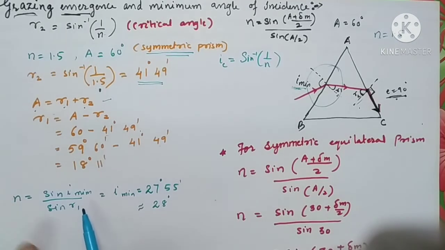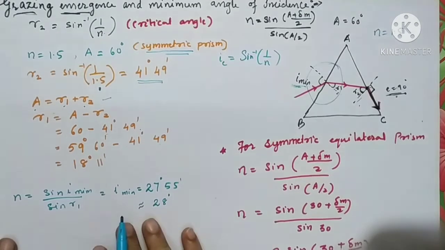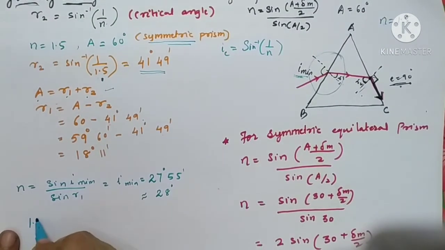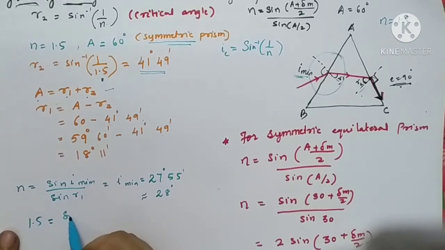Now from this equation, when you calculate i minimum, we just substitute the value of n here. n is, as you all know, 1.5. Sin of i minimum, that we have to calculate, upon sin of R1, that you all know. R1 is 18 degree 11 minutes.